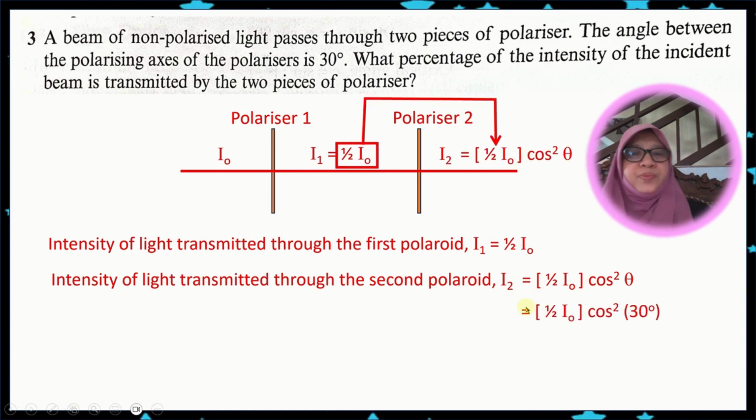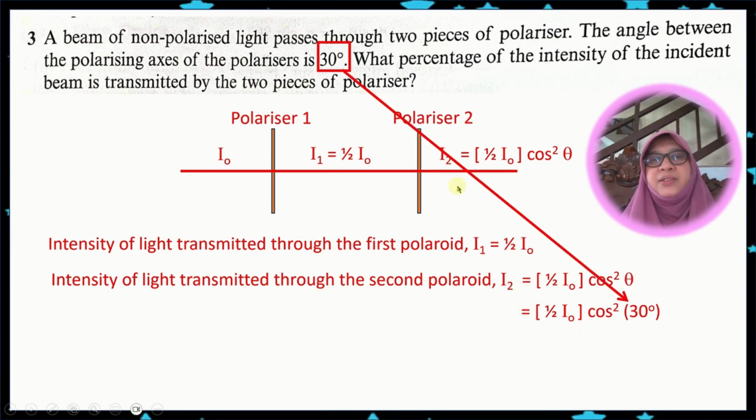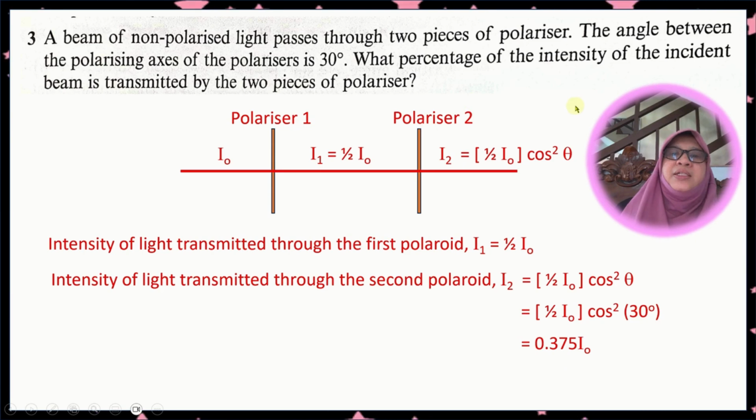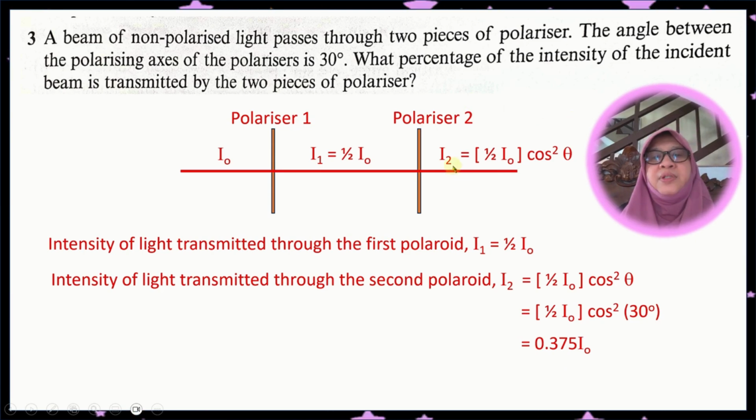Don't forget the angle is given as 30 degrees, so we substitute into the equation. We get 0.375 I naught. This is the intensity of the light after passing polarizer 2.